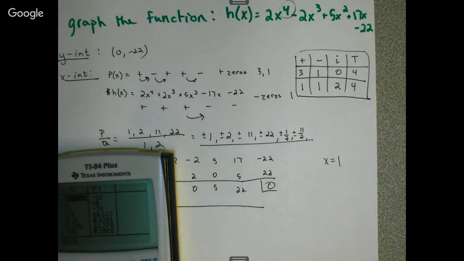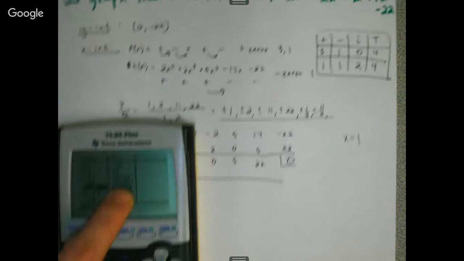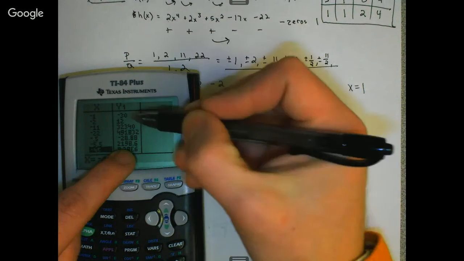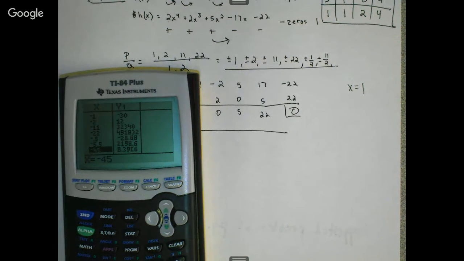If I plug in negative 1, I get minus 30. Negative 2, I get minus 12. Negative 11, I get that. Negative 22, I get a big positive number. Negative 0.5, negative 11 over 2. None of those give me a 0, which tells me that I will have to estimate that value.